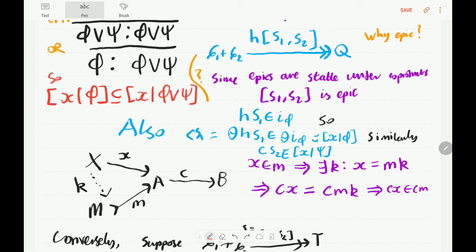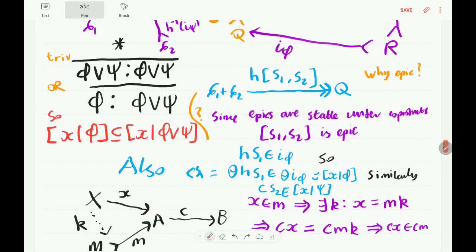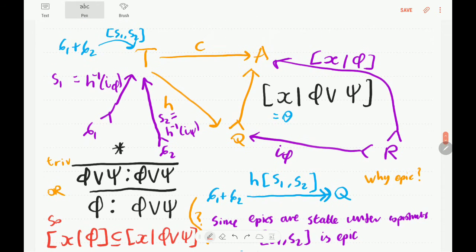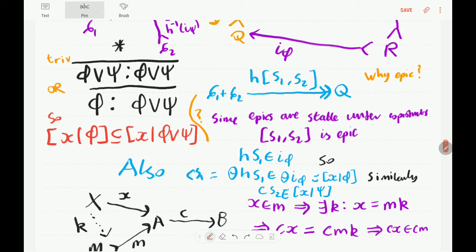because it's just useful notation. Anyway, by that similar kind of logic, we have H S1 is in I of phi, so we automatically get theta after H after S1 is in theta of I of phi. Now this left thing is equal to C S1 and this right thing is equal to extension of phi by the way that I of phi is defined.